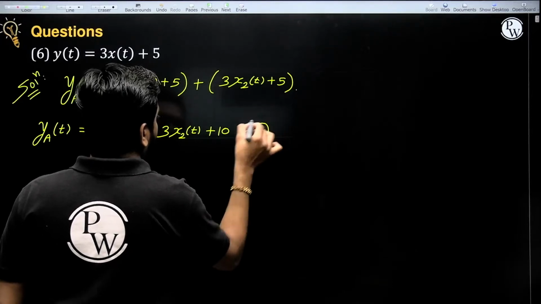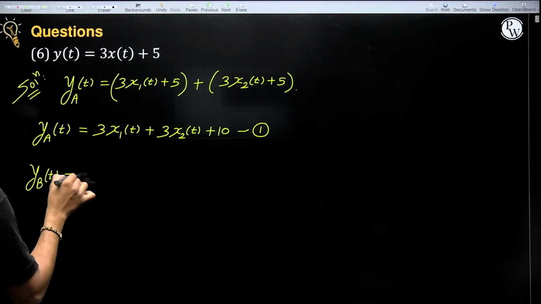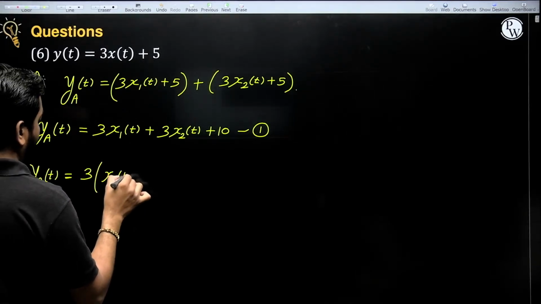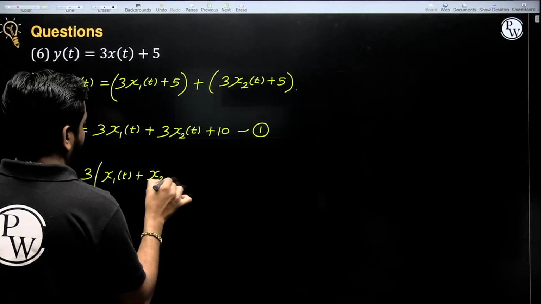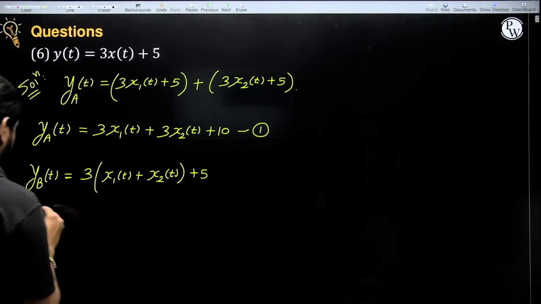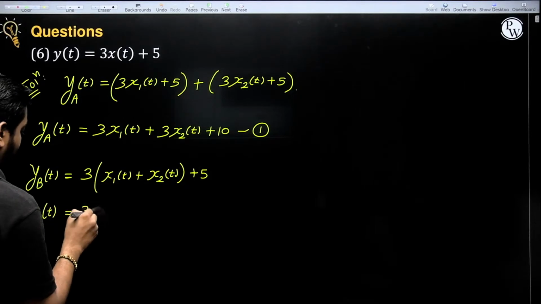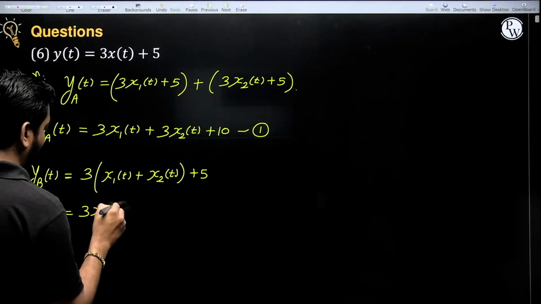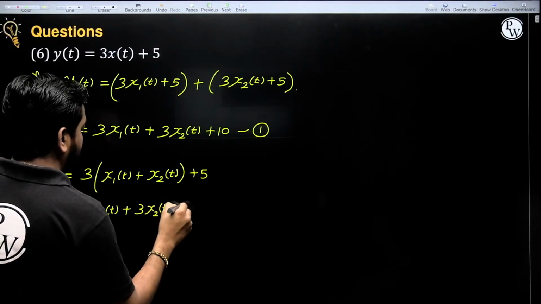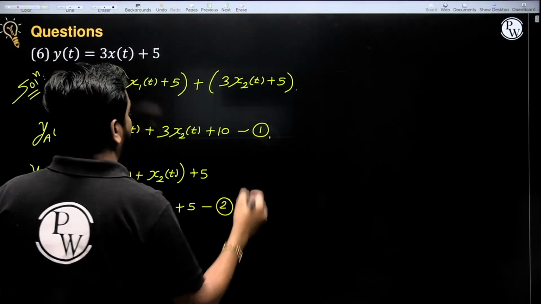This is number 1. Now find the response due to combined input. Replace x with x1 plus x2. So 3 times x1 of t plus x2 of t plus 5. Yb of t equal to 3 x1 of t plus 3 x2 of t plus 5. This is number 2.